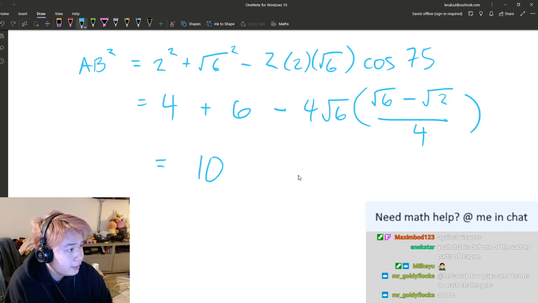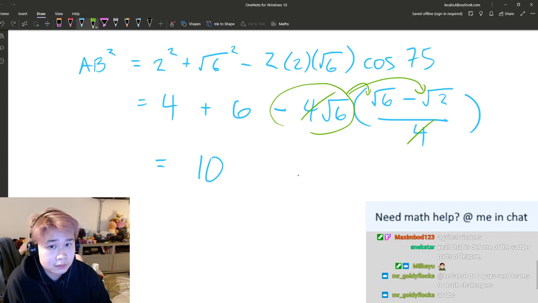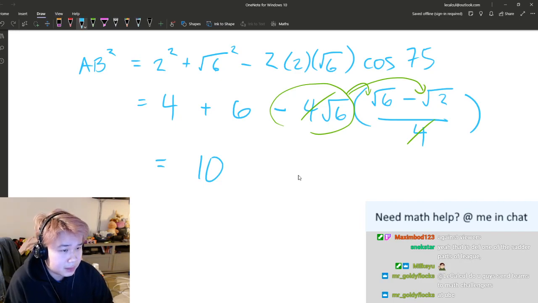So this is 10. This 4 and this 4 cancel. And then I take a negative root 6 and then I multiply it in. So then I'll get a minus 6 plus root 12.